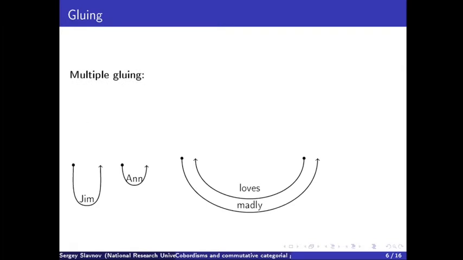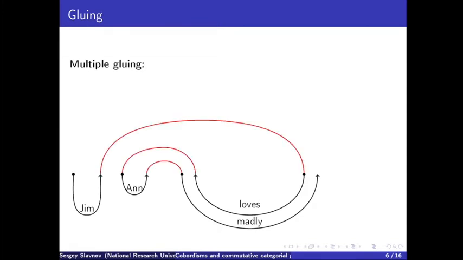I give an example of how this works. So this is a concrete long multi-word labeled with words of natural language, and we do three gluings. This picture is actually taken from a concrete derivation. So obviously, if we ignore labels, we will obtain just a single edge after these gluings.